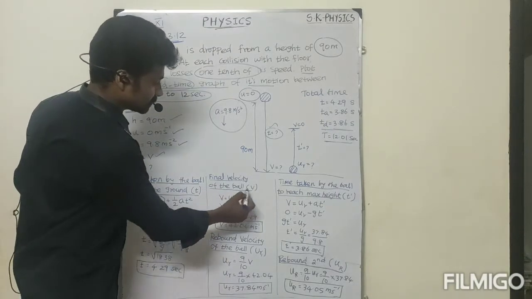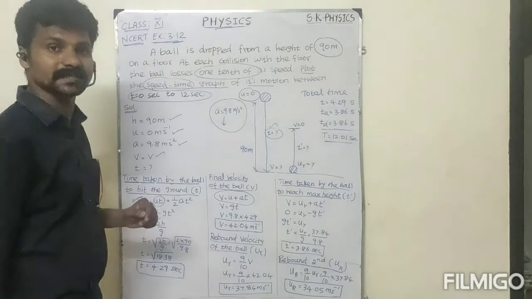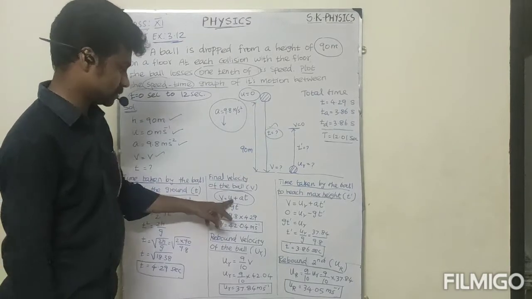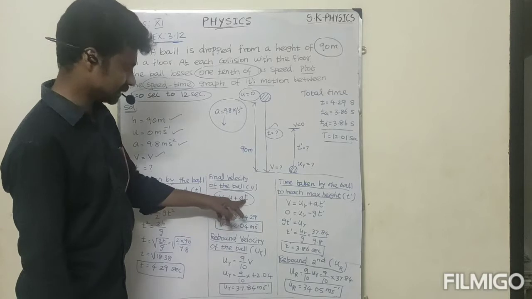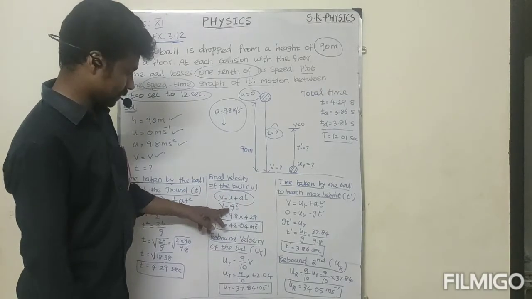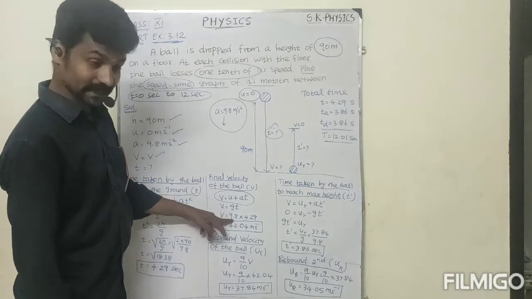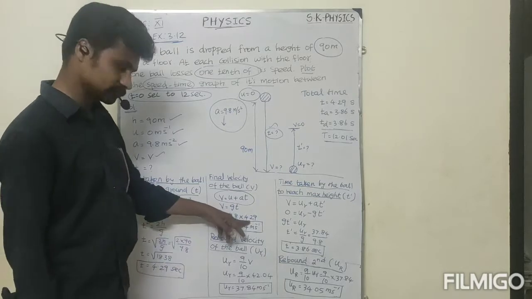So final velocity of the ball, you know the equation v is equal to u plus at. You know initial velocity is 0, so u will not come. So v is equal to gt, the acceleration equal to gravity. Therefore v is equal to g value 9.8 into t. T value is 4.29.